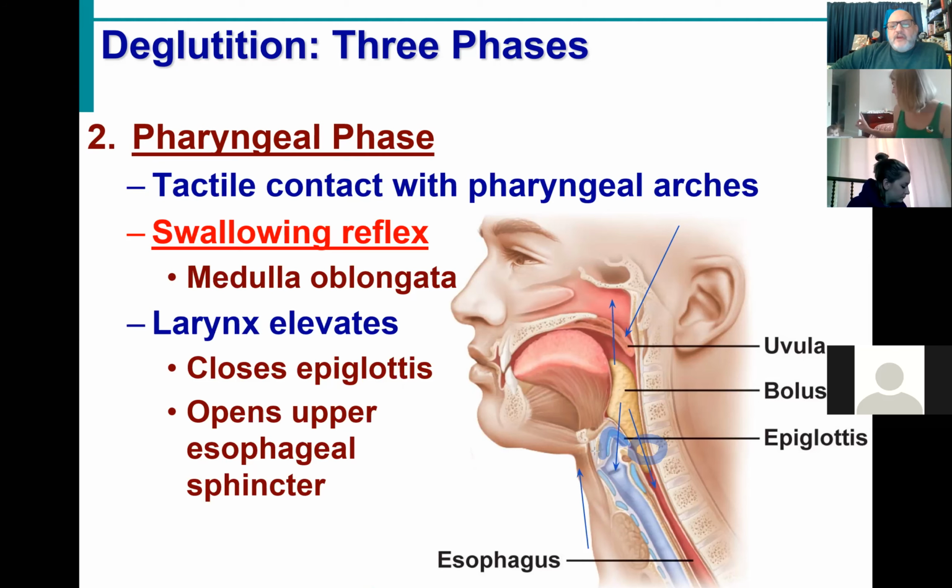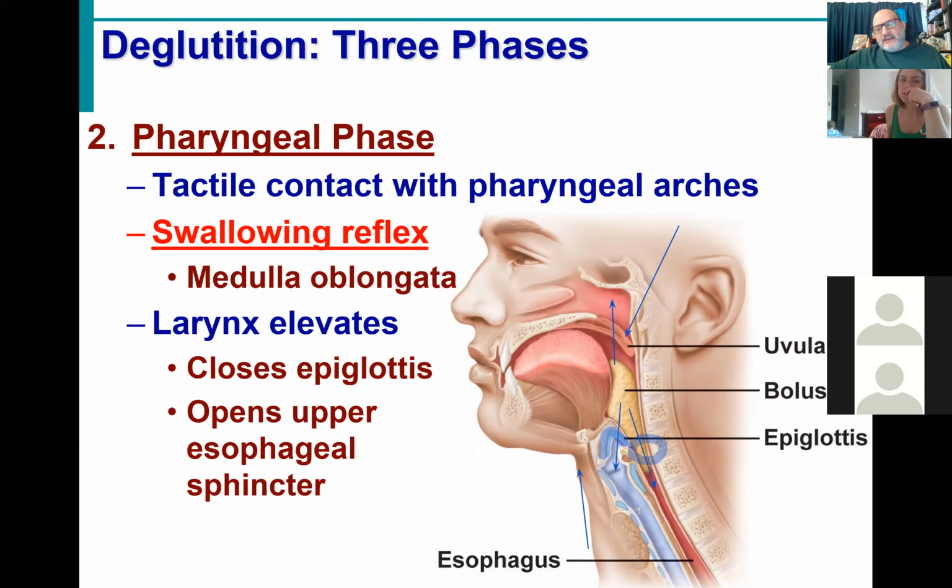All right. Notice this is all working fine and dandy until you do something like trying to talk, or you laugh, or you sneeze while you're trying to eat. When that occurs, obviously, that forces air out of the trachea, opening up the epiglottis.